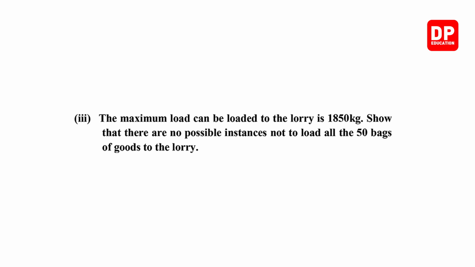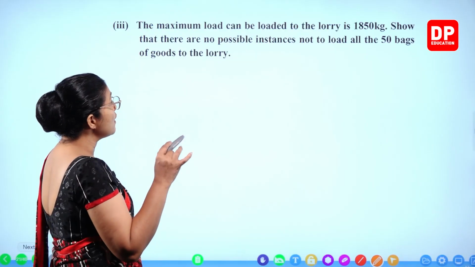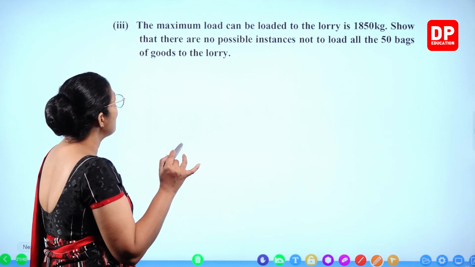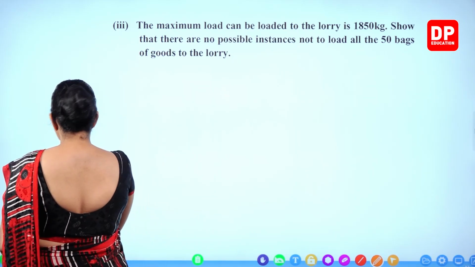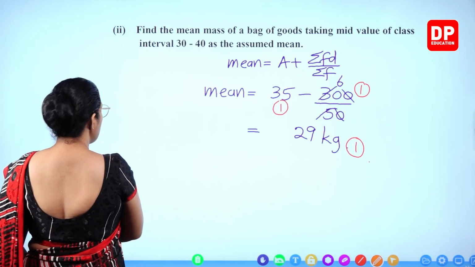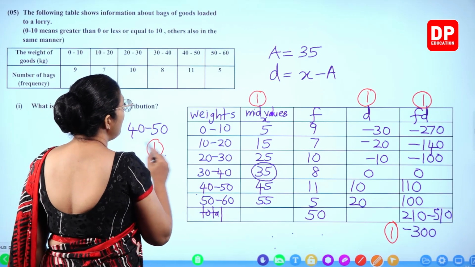The maximum load can be loaded to the lorry is 1850 kilograms. Show that there are no possible instances not to load all the 50 bags of goods to the lorry. So if you take the maximum, what happens? So in each boundary, you have to take the maximum value.